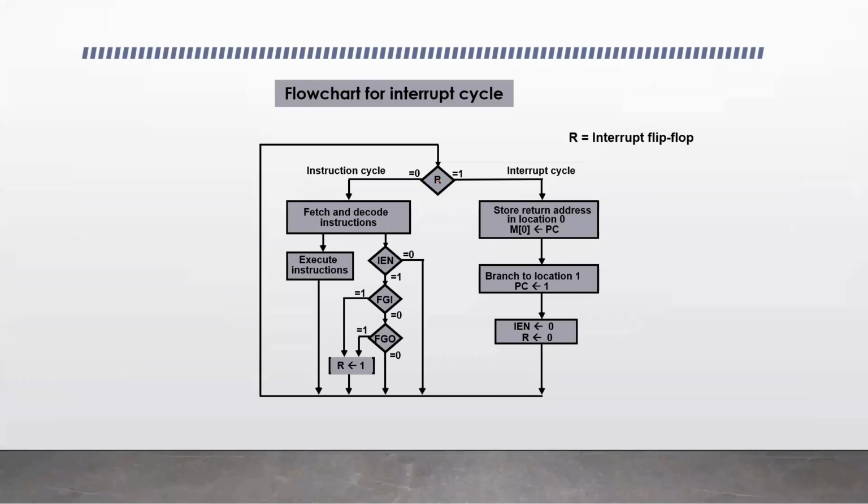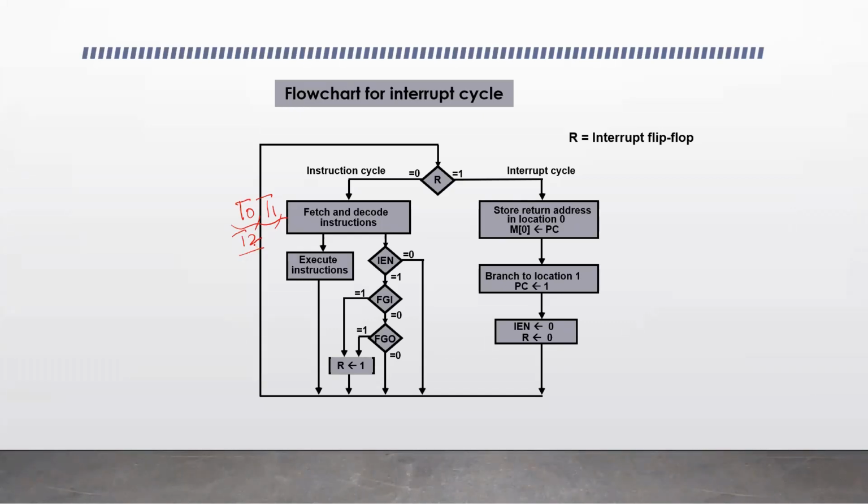If there is no interrupt, the actual execution of the instructions needs to be done. The first step is to fetch and decode the instructions and then execute them. Fetch happens at T0 and T1, and even T2.